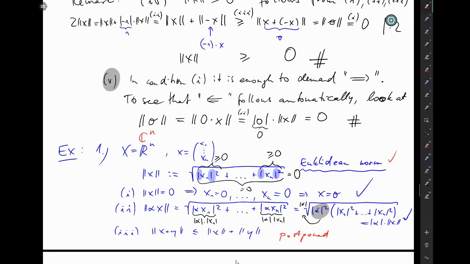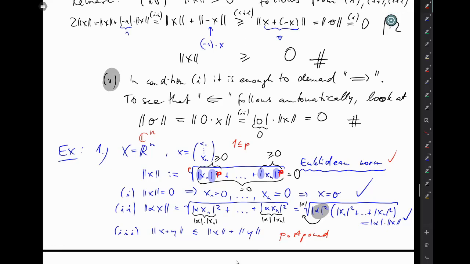The second answer I can give you is the following. We have one other direction of generalization, where instead of taking squares here, we take, let me say, pth powers, and to compensate for that we take the pth root, and we do this for a number p which is greater than or equal to 1.